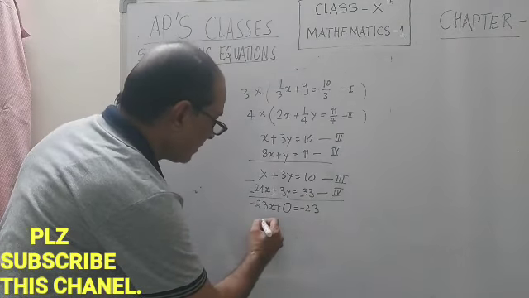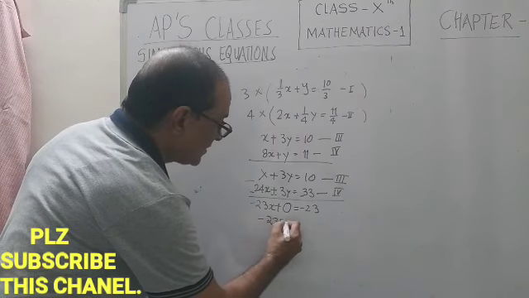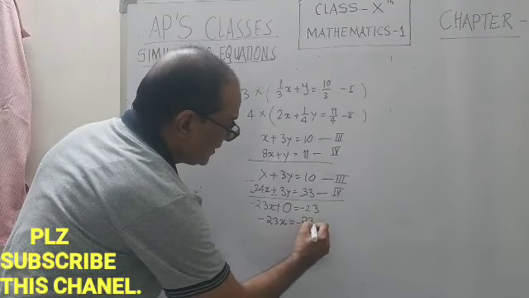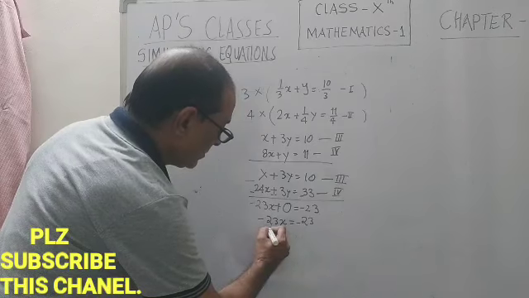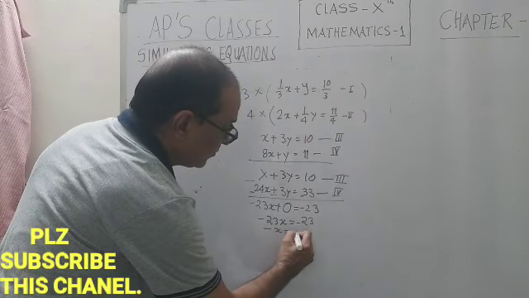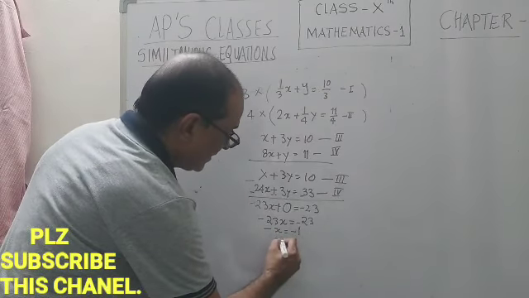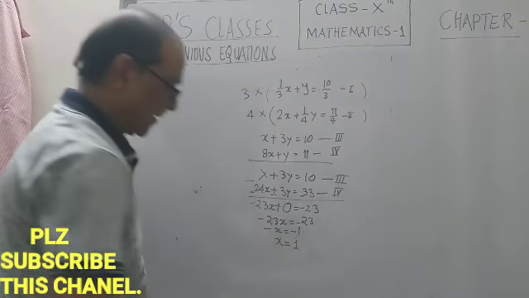Oh, it has become simple. Minus 23x is equal to minus 23. So minus x is equal to minus 1, and finally x is equal to 1.